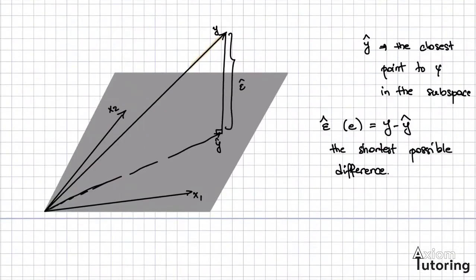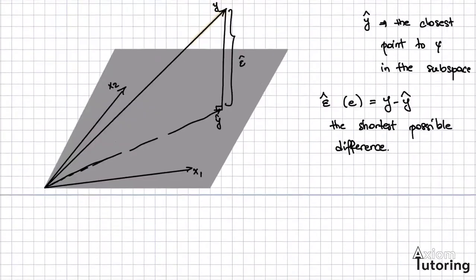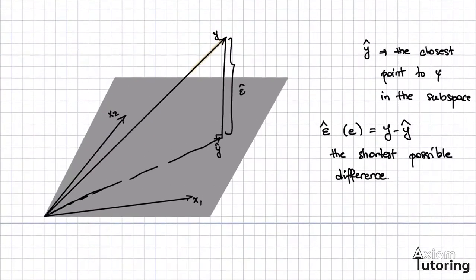You can think of it this way: if you imagine a light shining straight down onto a line or a plane, the shadow that you get is just the projection. That shadow is literally your fitted value, y hat, and it lives exactly in the subspace that x1 and x2 have created.